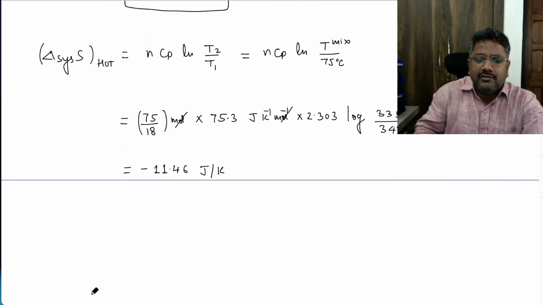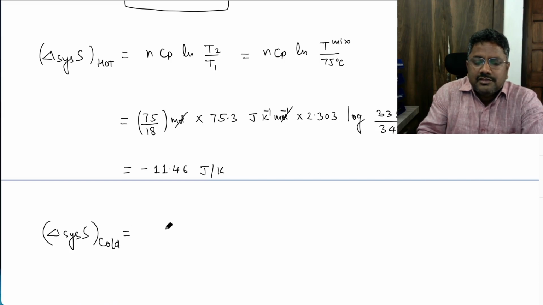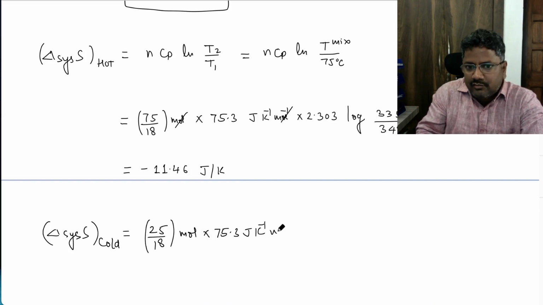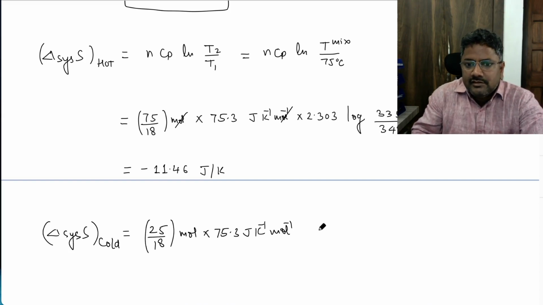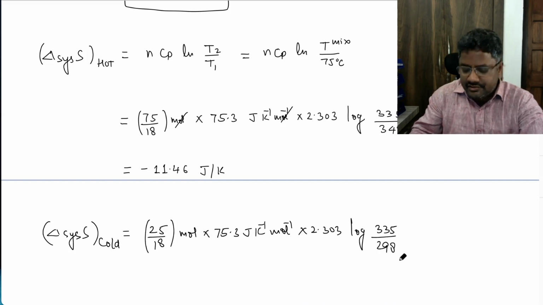Now similarly you can calculate delta S system for cold. So this is equal to 25 by 18 moles into 75.3 joules per Kelvin per mole into 2.303 log 335 by 298.